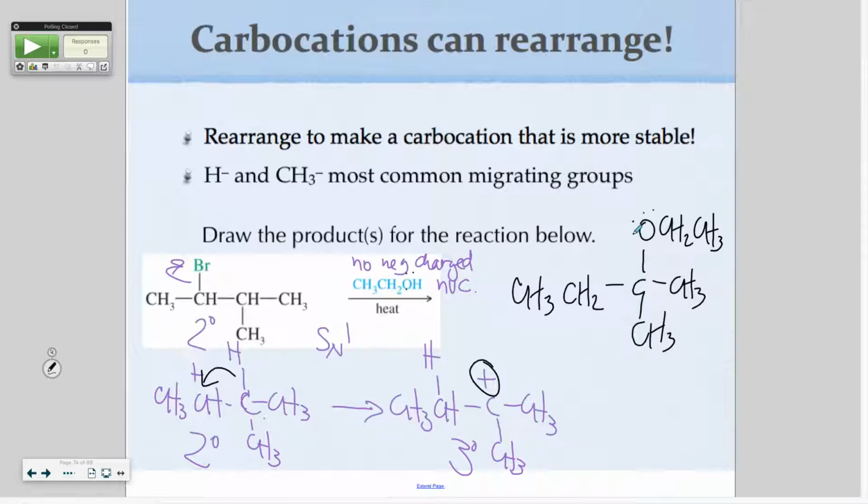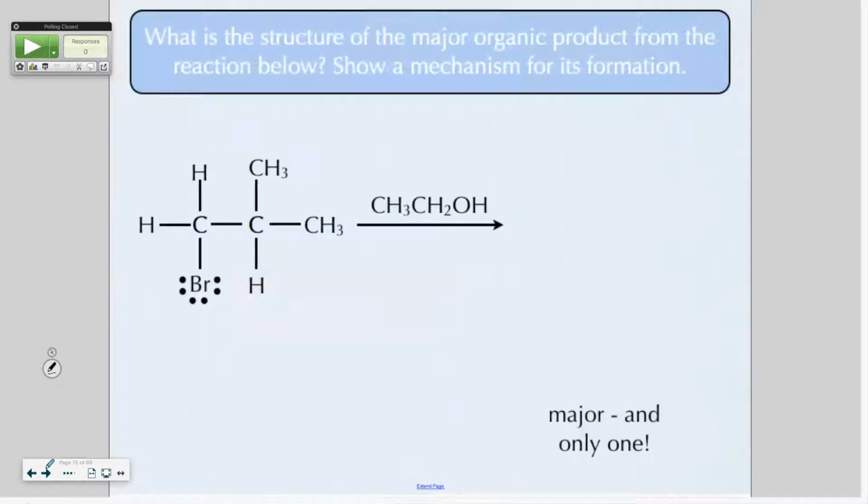That's how you get the OEt on there. Sometimes you'll see this as a shorthand for an OEt with an ethyl. You might see OMe also for when it's an O methyl. Okay? How do you feel about that? The key is to remember to look for them. Okay, so what about this one?